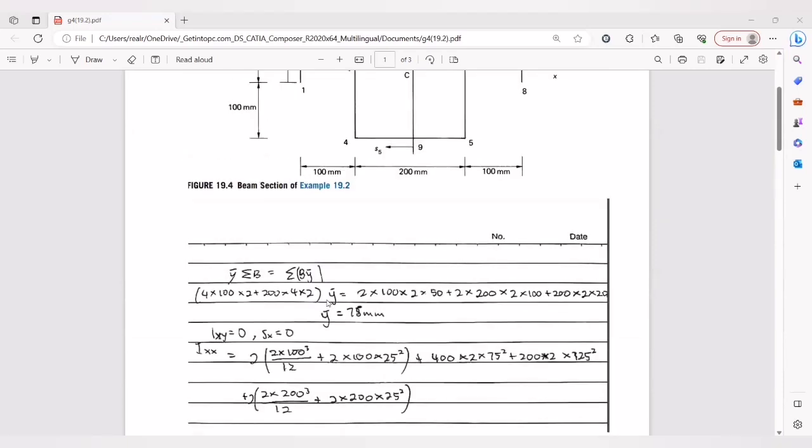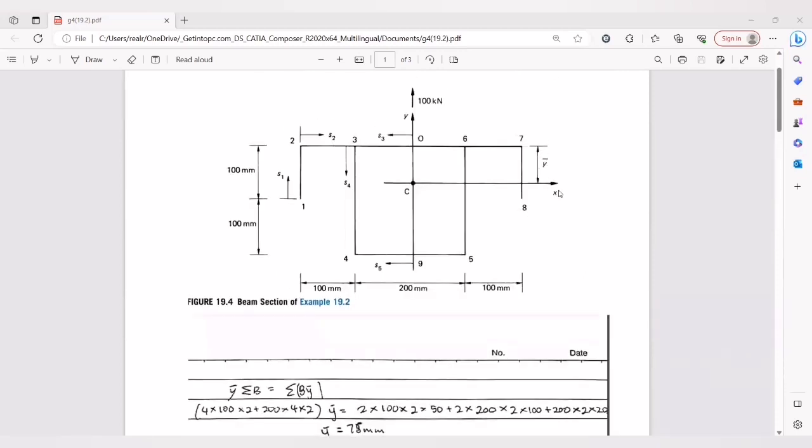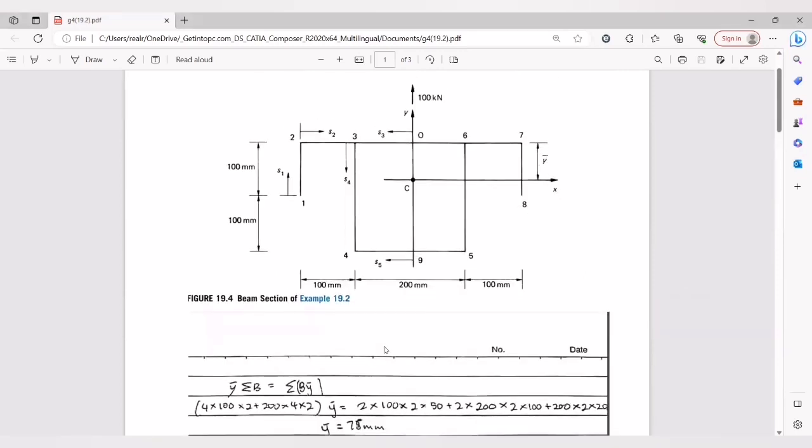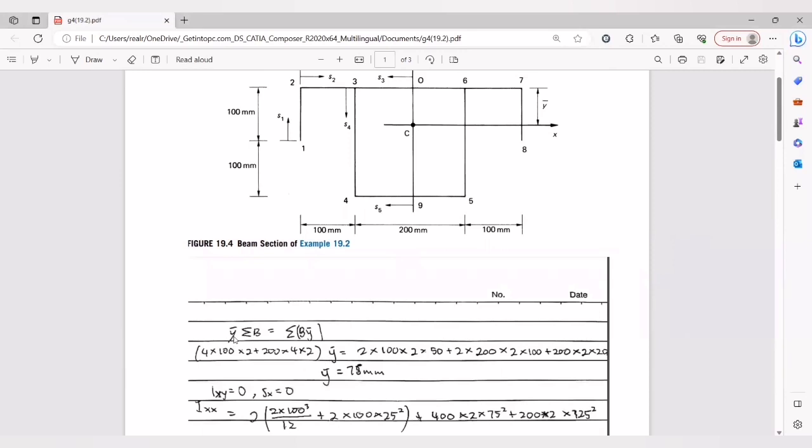Before we calculate the Ixx, we first calculate the y bar. To calculate it, we use y bar times the summation of boom area equals the summation of boom area times y.